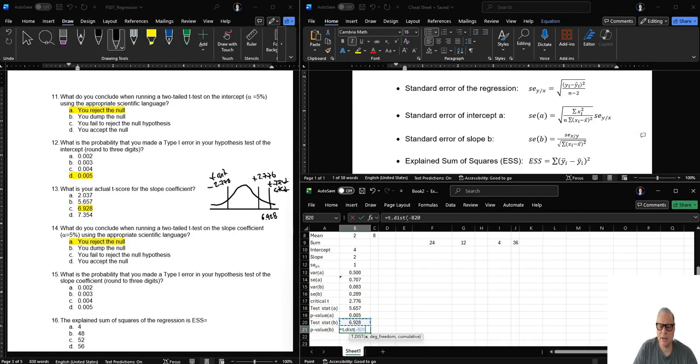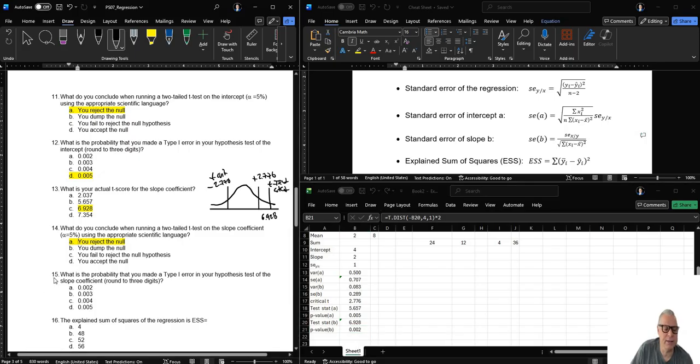Then I click into the cell where we have the 6.928, our test statistic, comma, 4 degrees of freedom, comma 1 for cumulative. Don't forget to multiply times 2. And now we get 0.002. So the probability of having made a type 1 error is less than 1%.